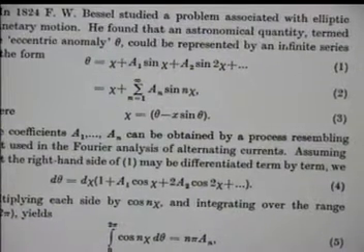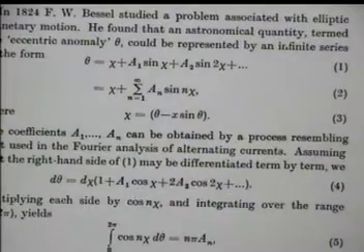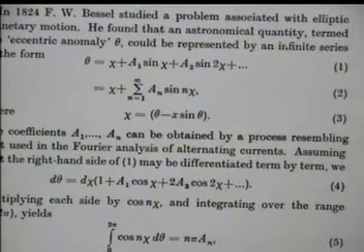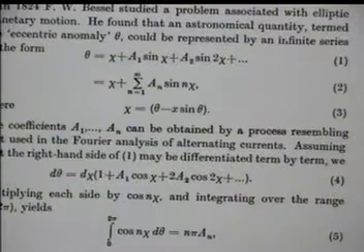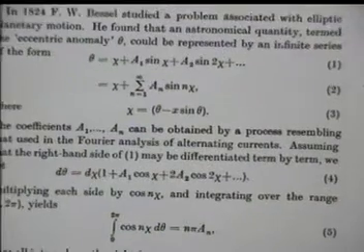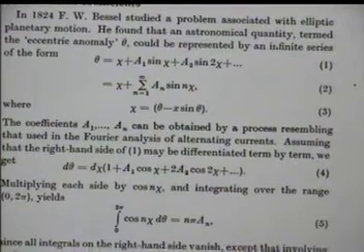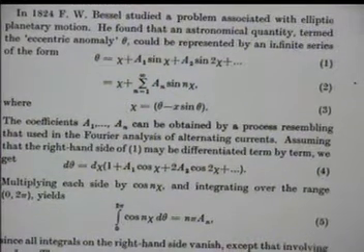It can be shown as the summation of a_n sine nx plus x, with x being represented as theta minus x sine theta. Then the next process would be to find out what all the a coefficients can be calculated as.